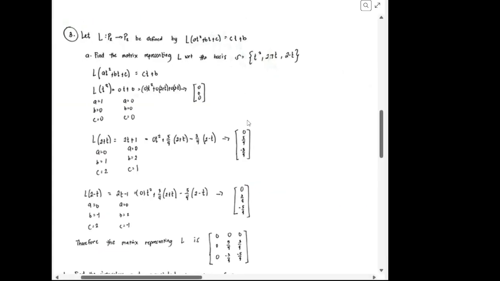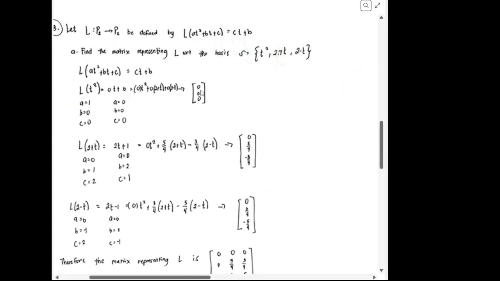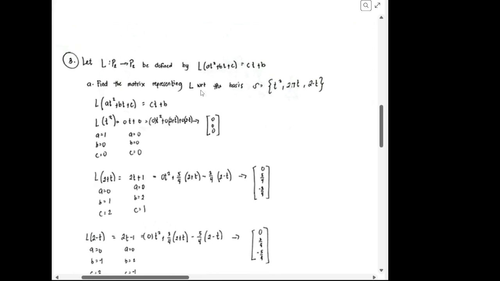Now, there is also another example, in which it's P2 to P1, meaning we only have a transformation from a given linear equation. Here, we will have P2, that is a second degree polynomial, to P1, a first degree polynomial.